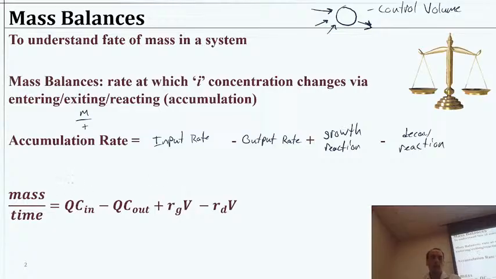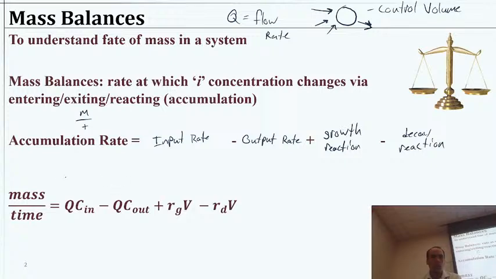Q, a flow rate, so Q being a flow coming in, times the concentration of some species I coming in, minus Q out times the concentration out.